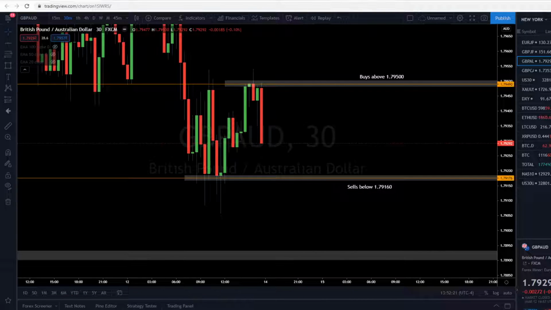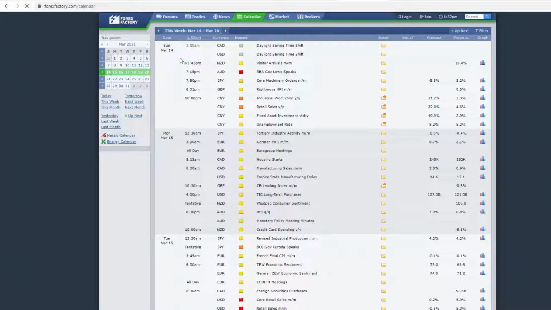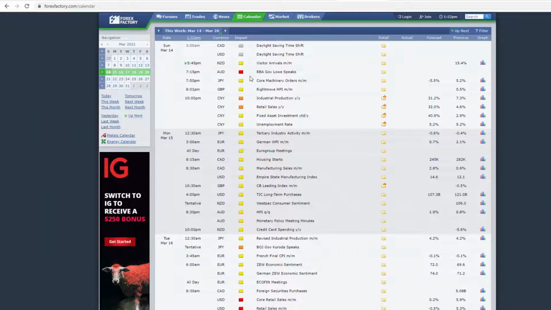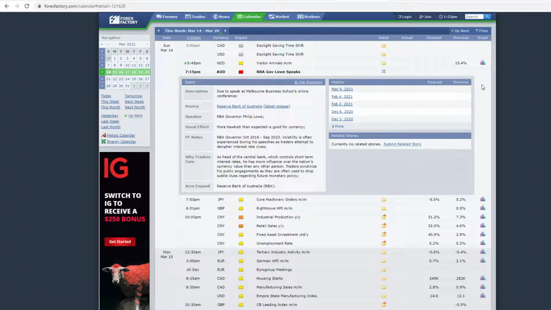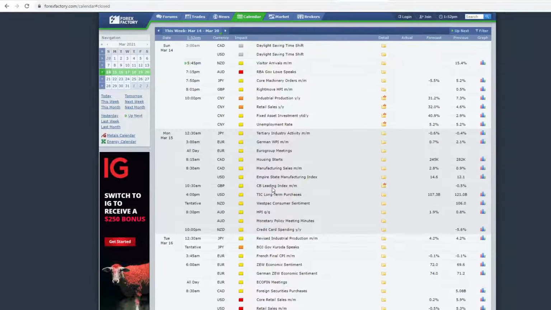Let's take a look at the economic calendar here on Forex Factory real quick, just to make sure there is no news that could influence price. We do have a speech on Sunday. This could heavily affect price, depending on what they're talking about. Due to speak at Melbourne's Business School online conference. Usually if it's something about interest rates or anything like that, it really causes the market to become volatile.